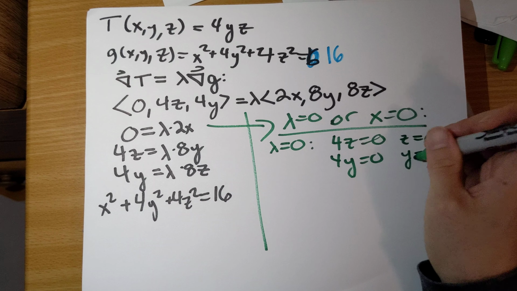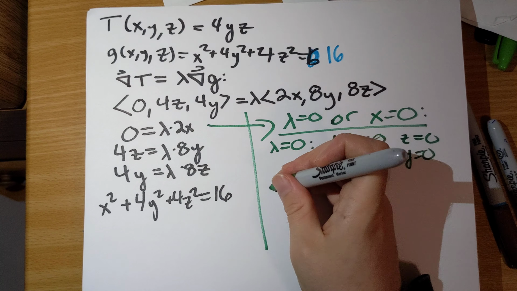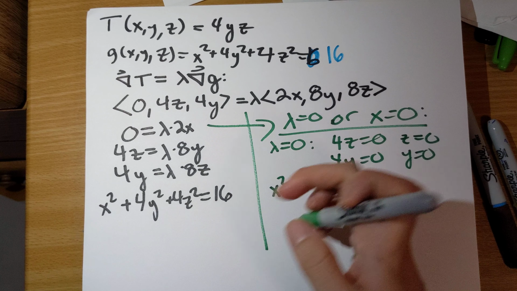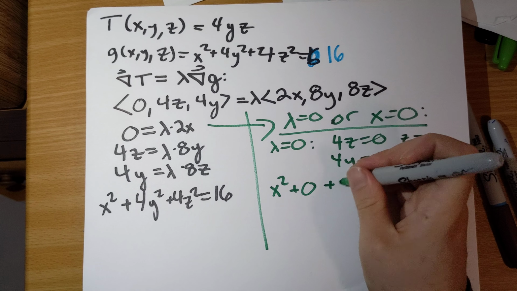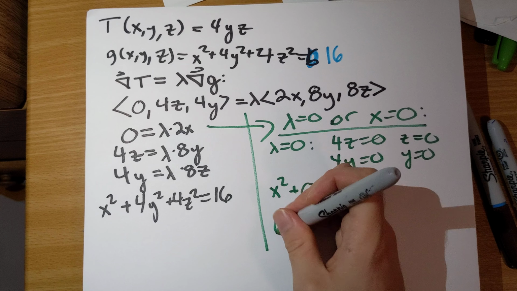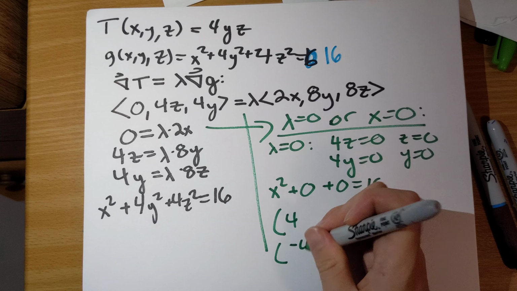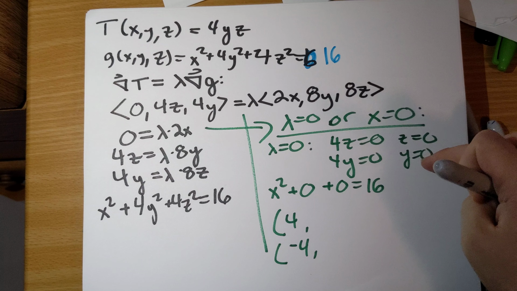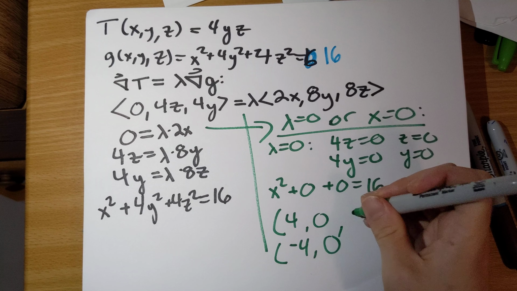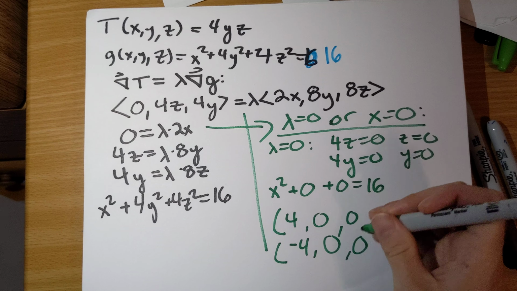We substitute that into the constraint equation: x squared plus 4 times 0 plus 4 times 0 is equal to 16. We see that x can be either plus 4 or negative 4, and in this case, y and z are both 0. So we have found 2 critical points so far.